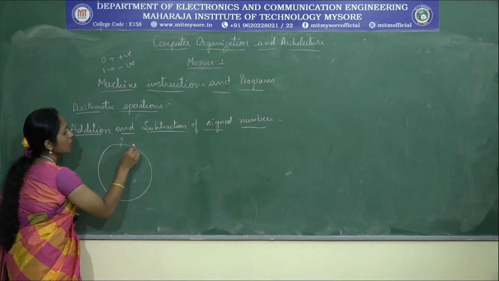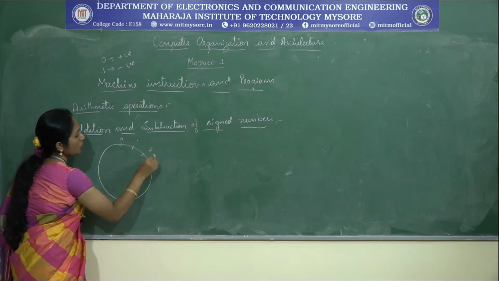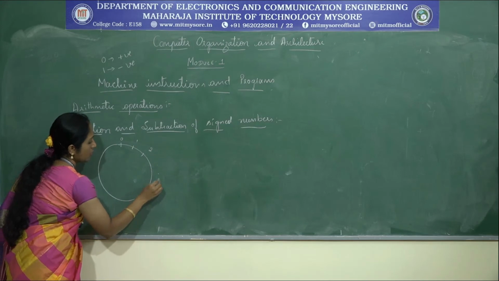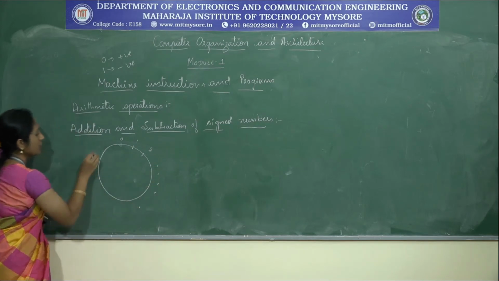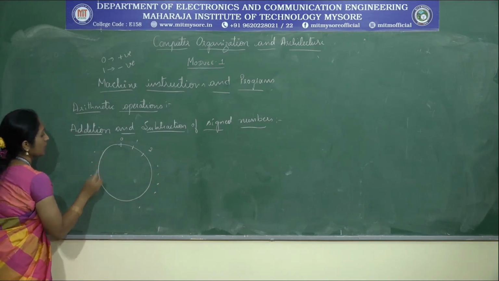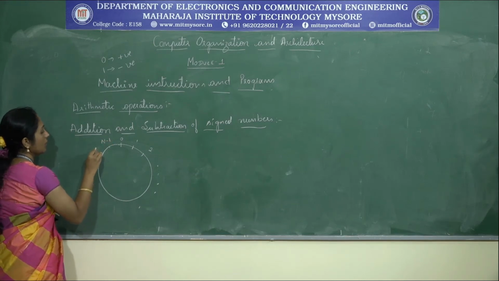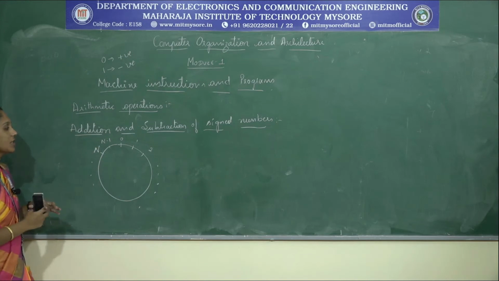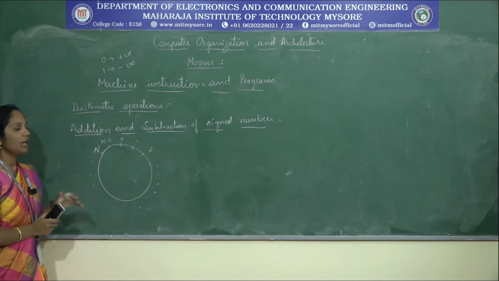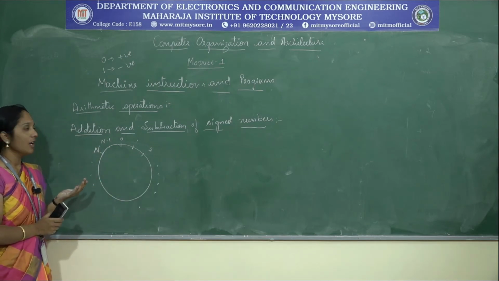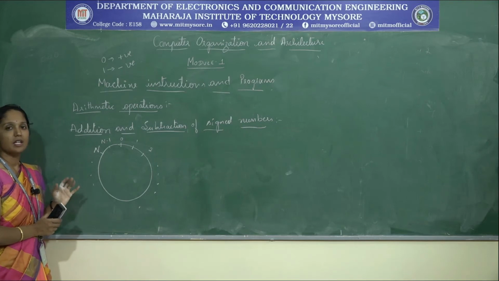So starting from 0, we will be having 1, 2, etc., up to n minus 1. Okay, so these are the different values you will be having. And now in order to understand, as an example we will consider mod 16.